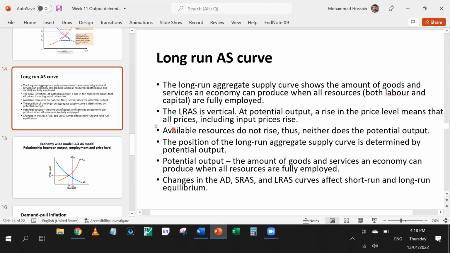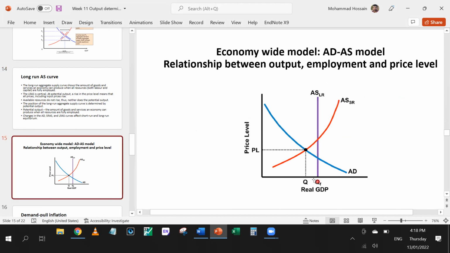It means the 50 million kangaroos will remain constant. It cannot be increased. Thus, neither does the potential output. The resources cannot be increased, so the supply cannot increase as well. So that's why we always show that the long-run aggregate supply curve is a vertical line.